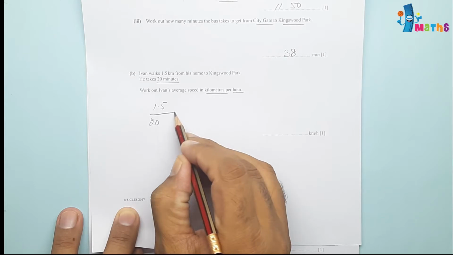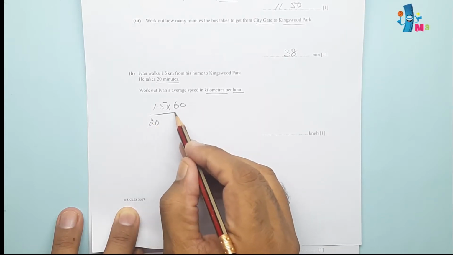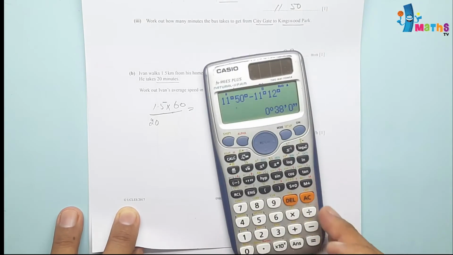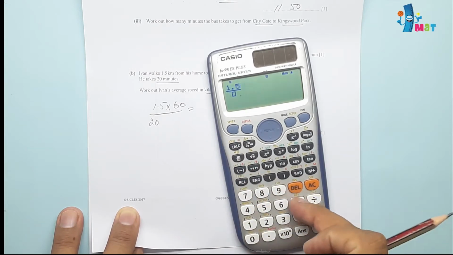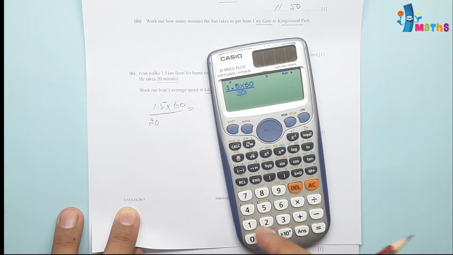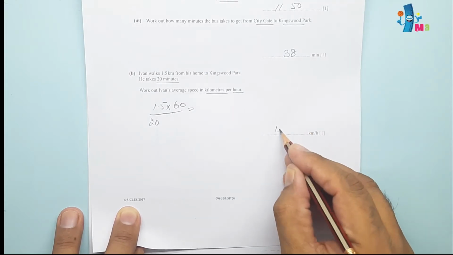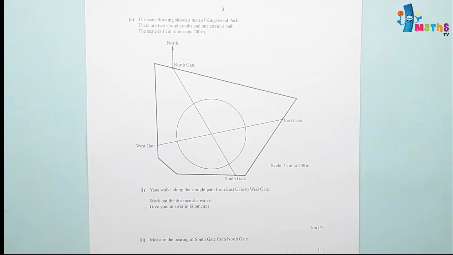This is minutes, we have to change into hours, so divide this by 60. We can calculate with the calculator: 1.5 times 60 divided by 20, and the answer will be 4.5 kilometers per hour.